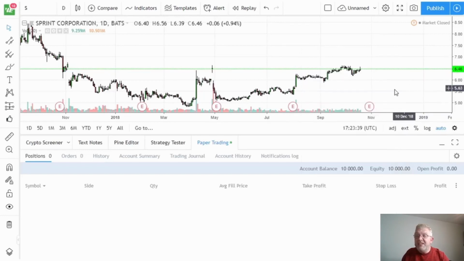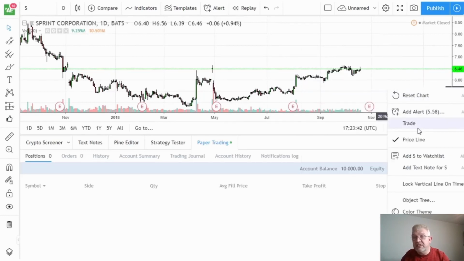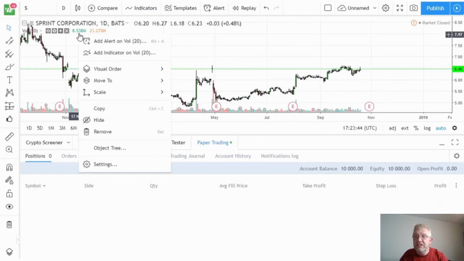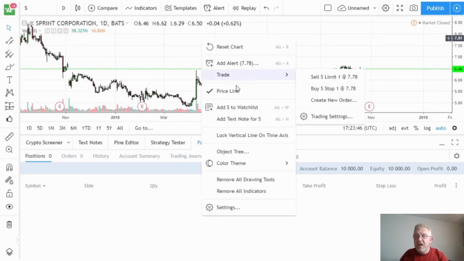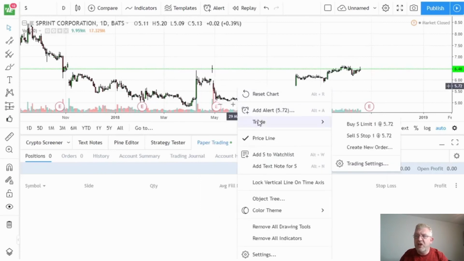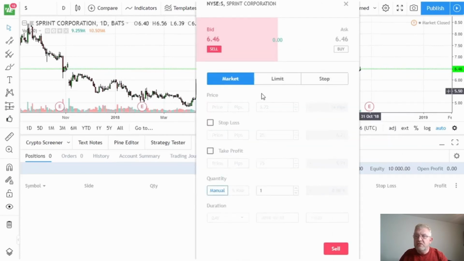Now this is based upon where my cursor is. So the higher level here, obviously it's 778, and if I want to trade at 572, it's easy just to click create new order, because that way you don't have the line up there and you just choose your type of order and the price and everything else.